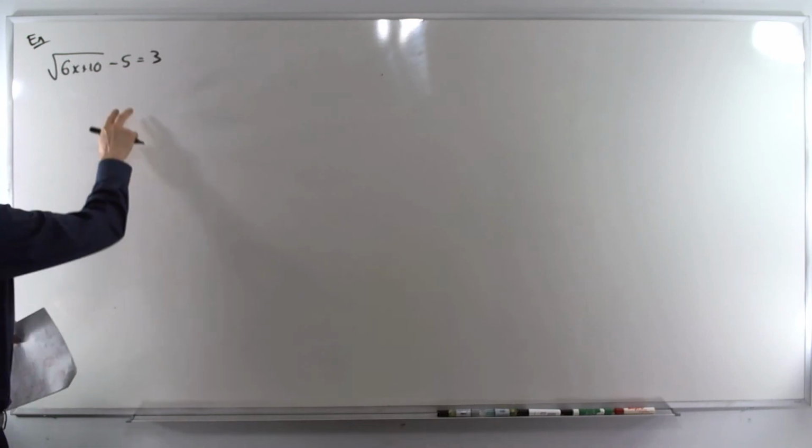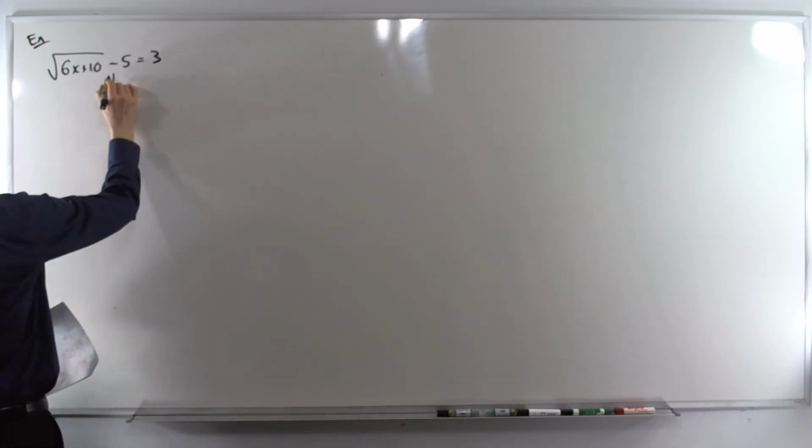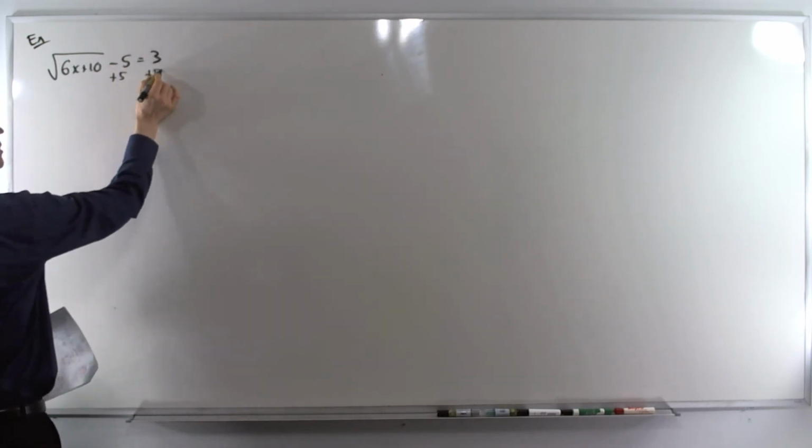So this one's not by itself, it's got this -5 next to it, so we're going to add 5 to both sides of the equation.